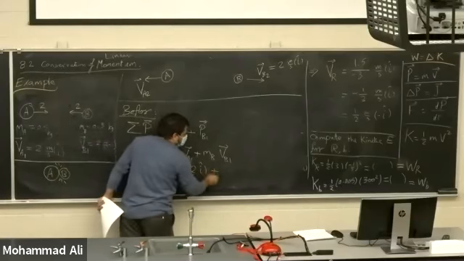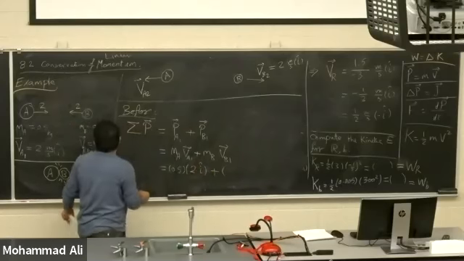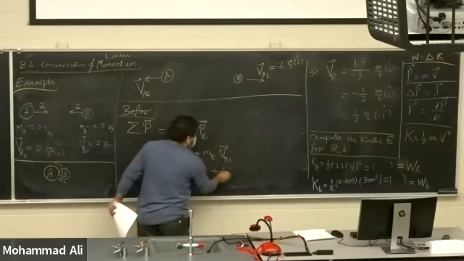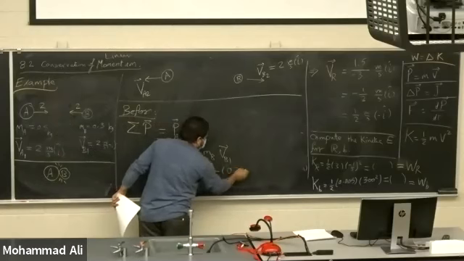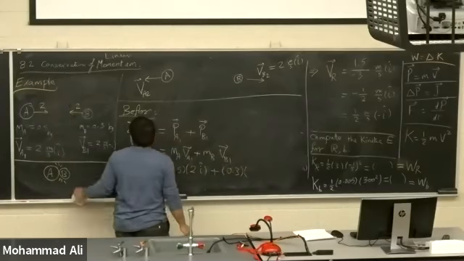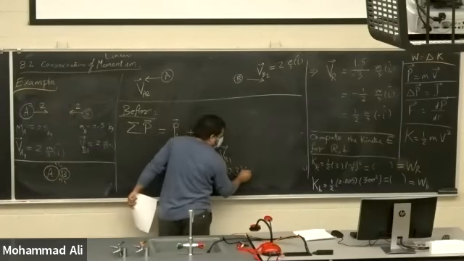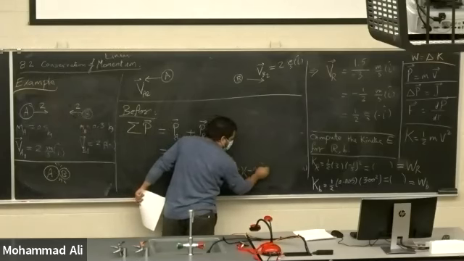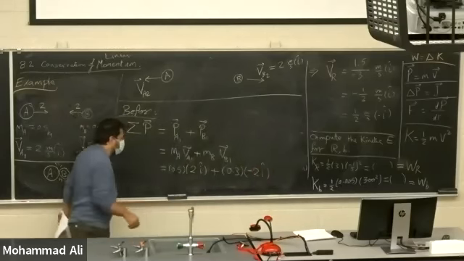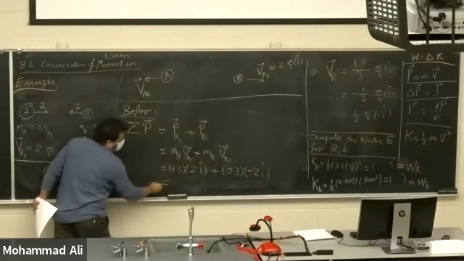Plus the mass for B, 0.3, and its velocity is also 2 but with a negative sign in the I direction.